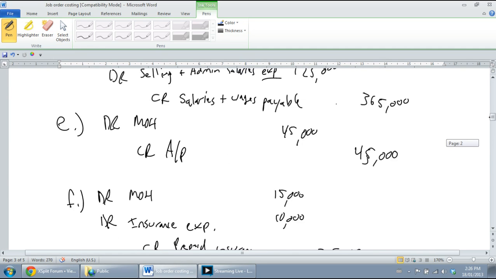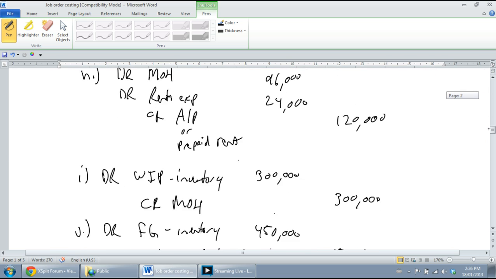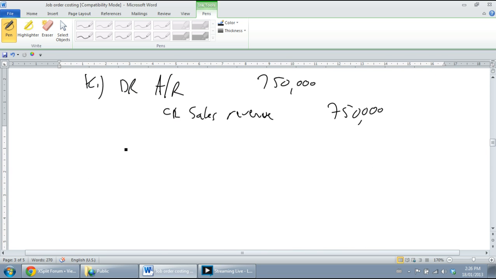The final part of part K, the total cost of manufacturing these items, is $400,000. So the cost of the stuff that I sold was 400 grand. In other words, I made 350, right? I sold it for 750, it cost me 400. Well, the cost of the goods that I sold was $400,000. So my cost of goods sold was $400,000.